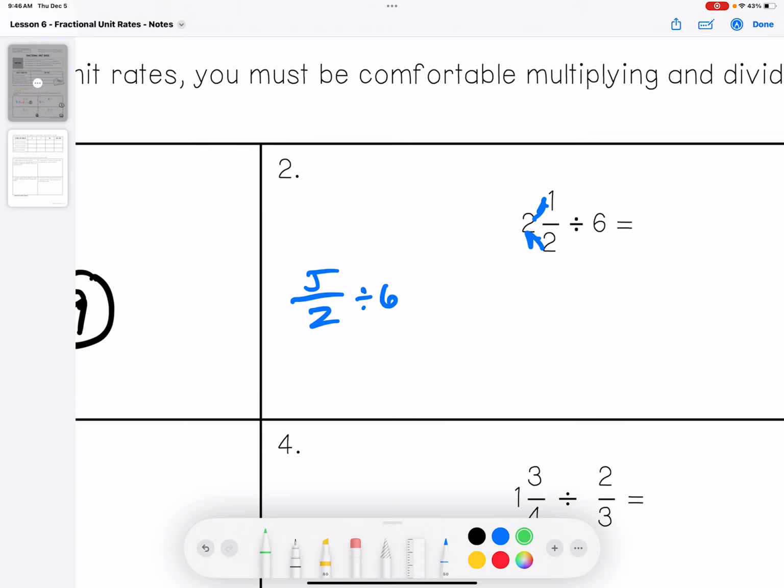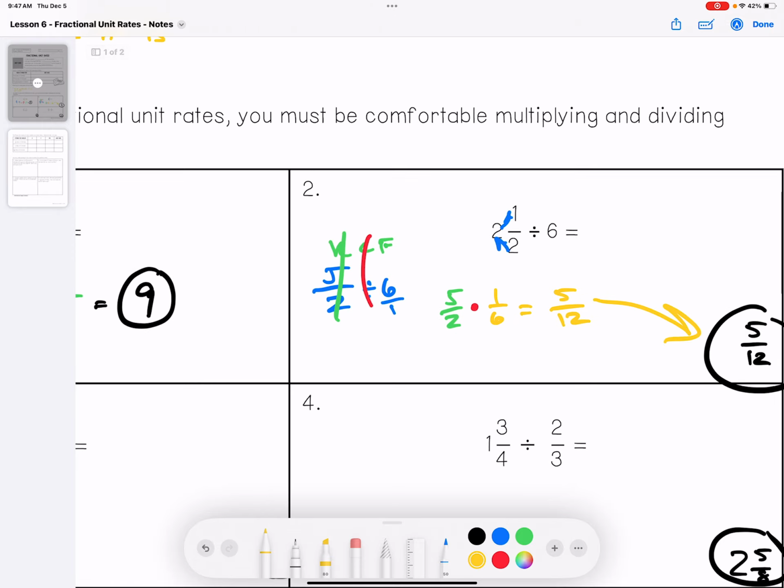We're going to KCF that. So we're going to keep. We're going to change. And we're going to flip. So that's 6/1, and it becomes 1/6. We end up with 5/12.